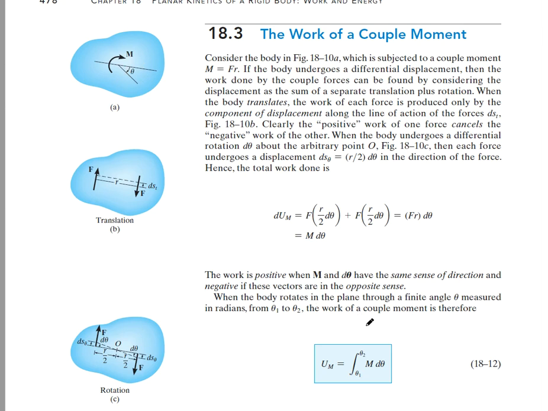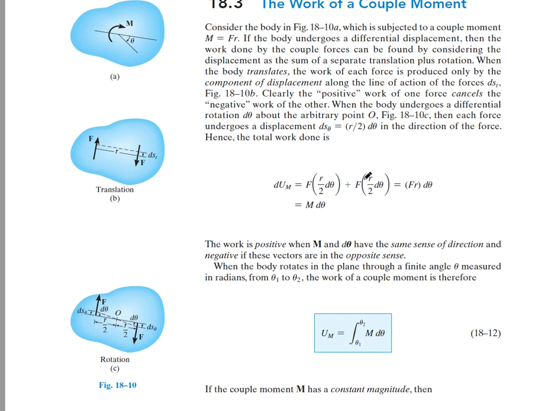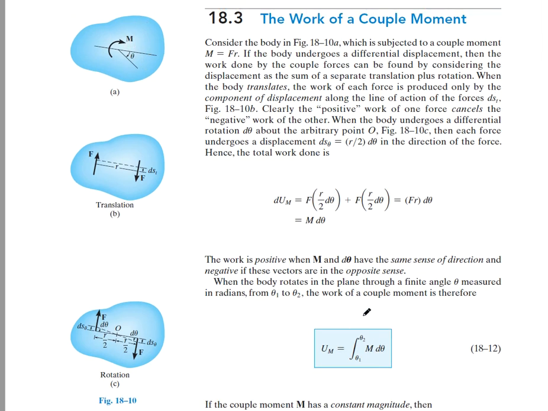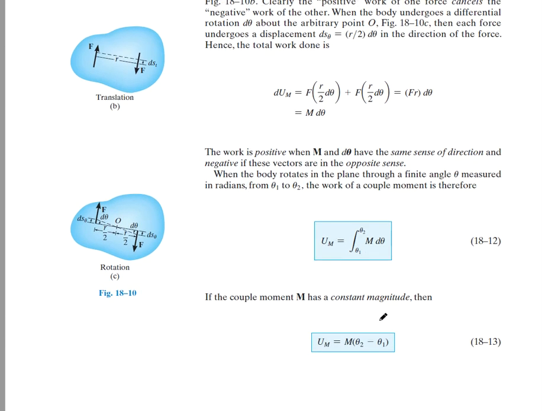If you integrate between two finite positions, theta 1 and theta 2, and if this moment can change as the body rotates, or if it's fixed, that is not changing, it comes out in front. The result that I anticipated, where I say it's moment times theta, corresponds to the case where the moment is constant. So the work of a constant moment is M times final angle minus initial angle, in radians, so they have to be in radians.